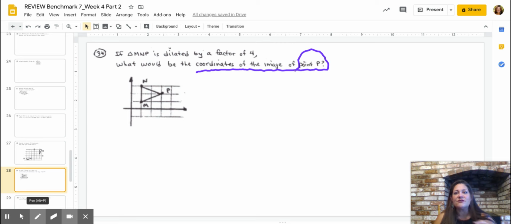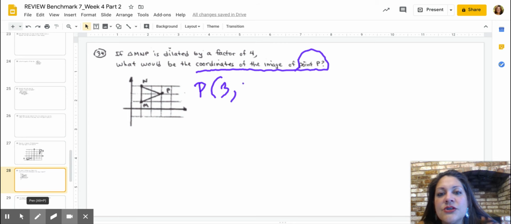Okay, so dilated by a factor of 4, that means we're going to multiply 4 times whatever x is and whatever y is. Okay, so I can look here and I know that P is point (3, 2).